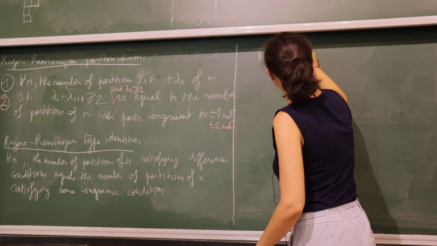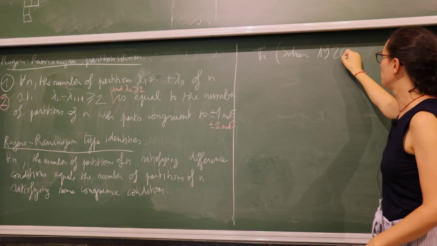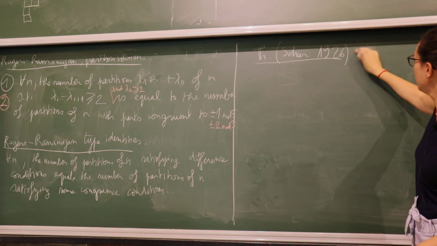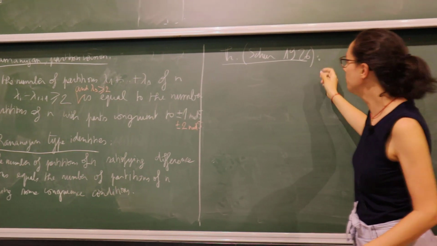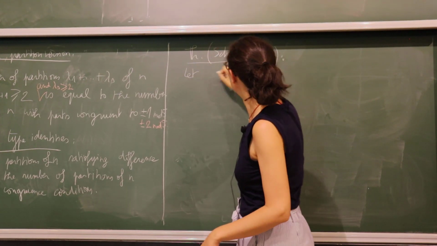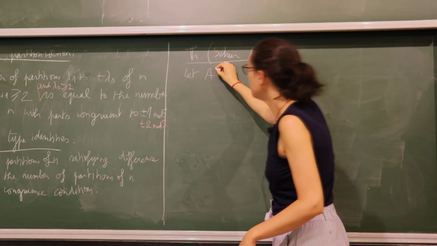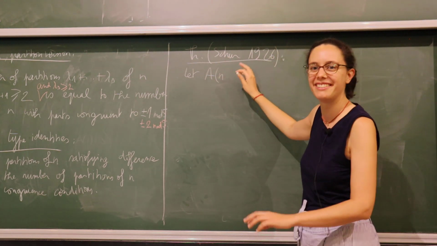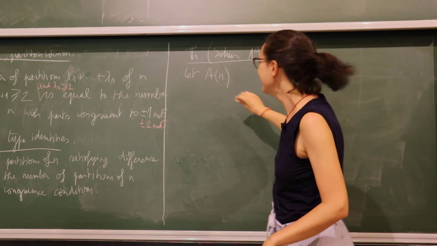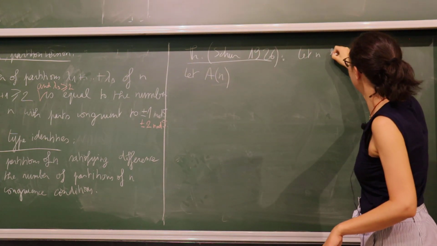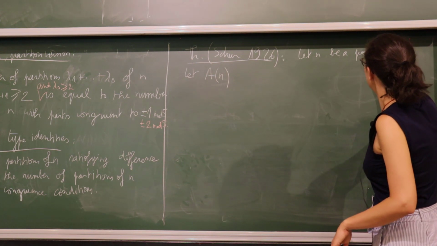Schur. So it was in 1926, this one. And so, yeah, I will write it with three different sets of partitions, but you will see that two of them are quite clearly the same, but I still do it. So of course, let n be a positive integer.